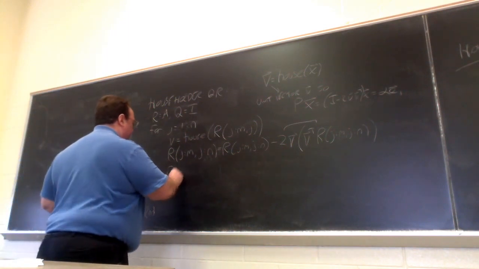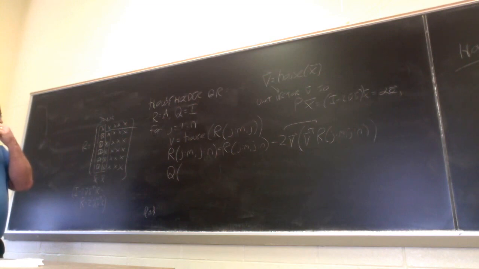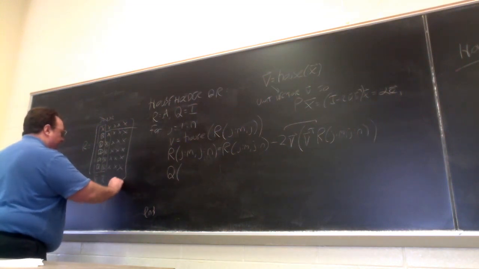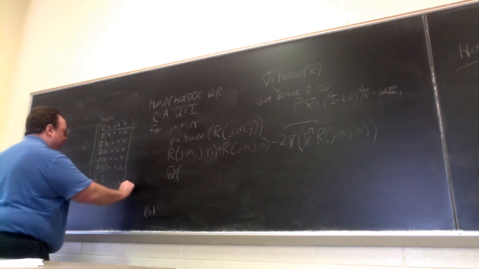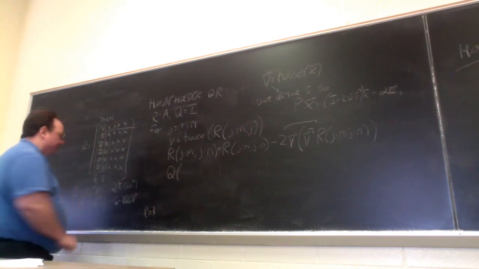So I need to do that same kind of thing here. Now, when I'm applying a householder reflection on the right, so that would be Q minus 2Q times v v transpose.